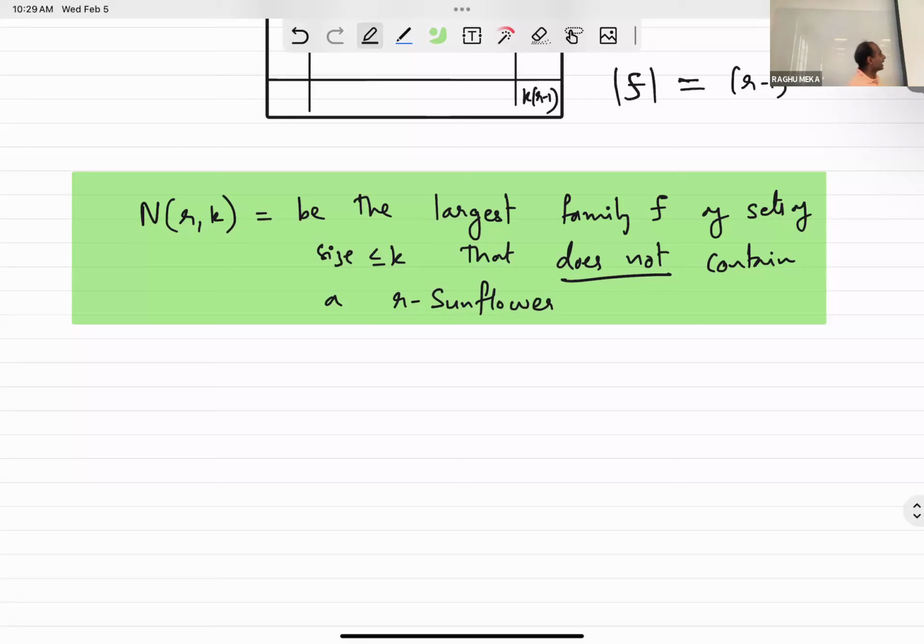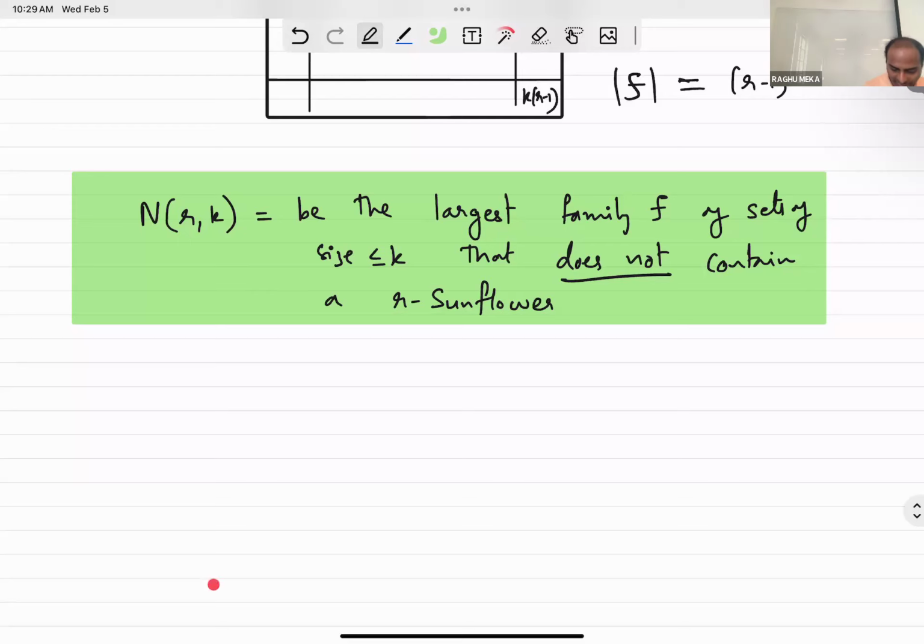Okay. Suppose I ask you to pick the largest possible family in terms of the number of sets. Each set is of size at most k. I don't care about the size of the universe. You're allowed to pick whatever universe size that you want, but you should not contain an R sunflower, meaning a sunflower with R sets. Okay.